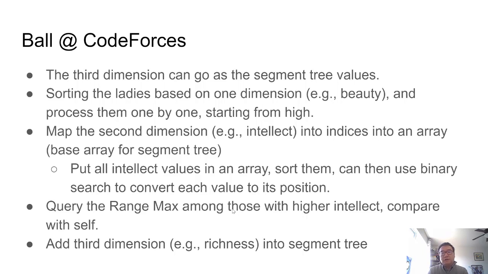Now all we need is just the max. If the max value there is higher than mine, then I know there's someone there that's higher in all three dimensions. If the maximum value is less than or equal, then it doesn't exist. Therefore, the query we need to answer is a range max, which a segment tree can support. So that's one way to solve this problem.